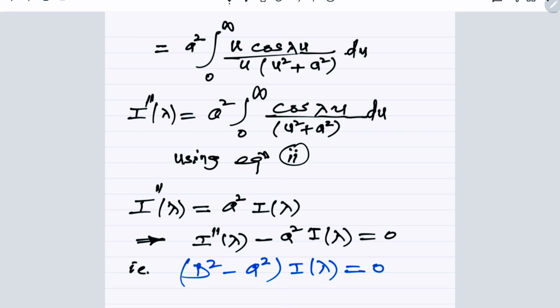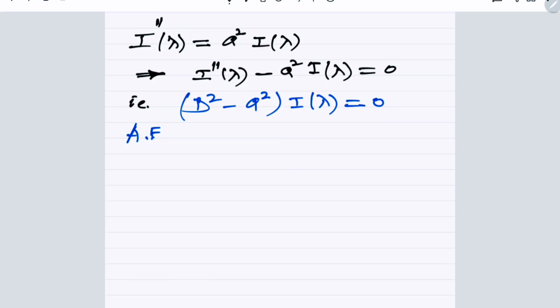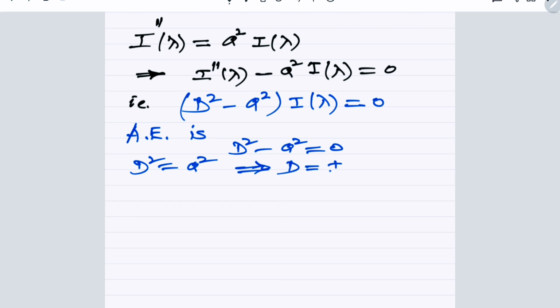Second order linear differential equation whose auxiliary equation is D square minus a square is equal to 0. Solving it for D, we get the values of D as plus minus a, two real and different roots, and therefore the complementary function CF is c1 e raised to minus a lambda plus c2 e raised to a lambda.